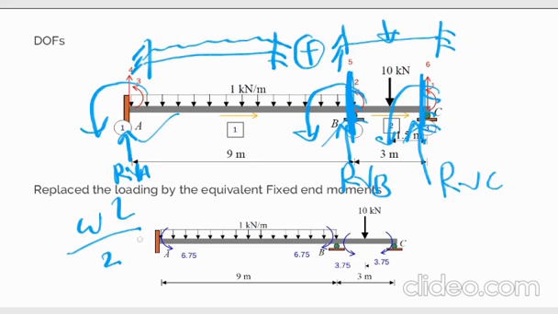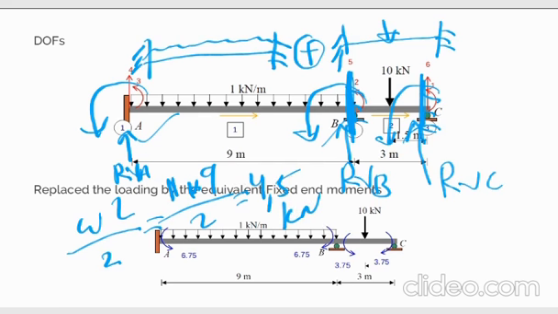You can check the rules of reaction and moment on Google. W is 1 times 9 over 2, equal 4.5 kilonewton.